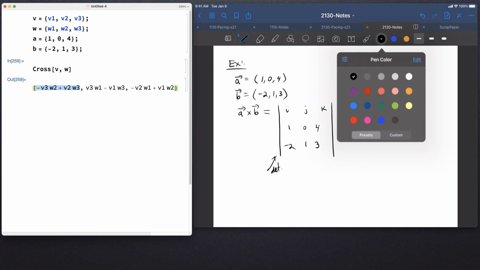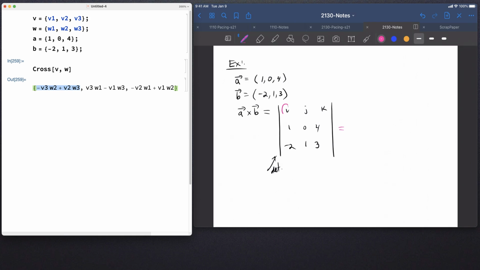Okay, so as we did before, we are going to select the i entry and figure out a number that goes in front of that, which is going to be the determinant of 0, 4, 1, 3. Okay, then we're going to move to the j entry, plus the j entry, and then we will have another determinant with an artificial minus sign of 1, 4, negative 2, 3.